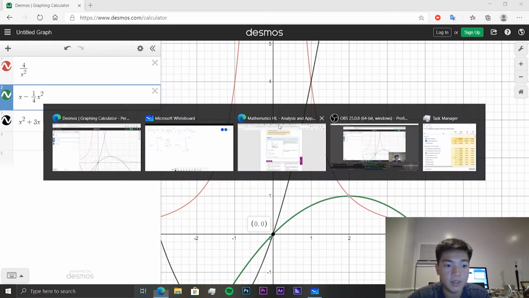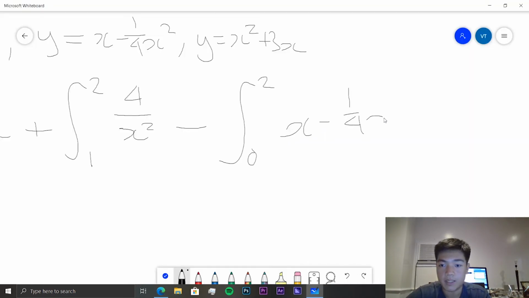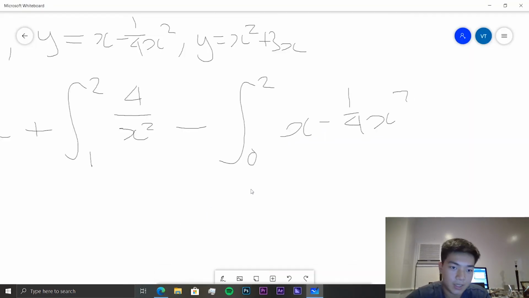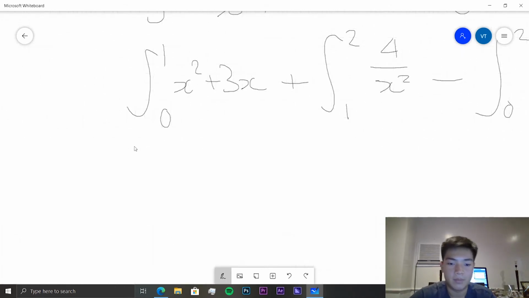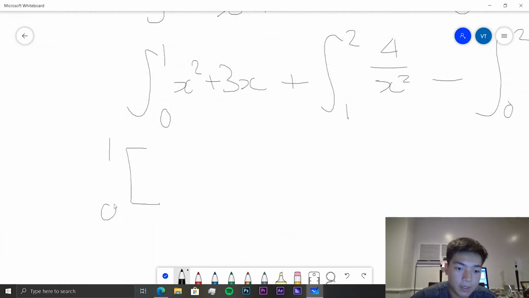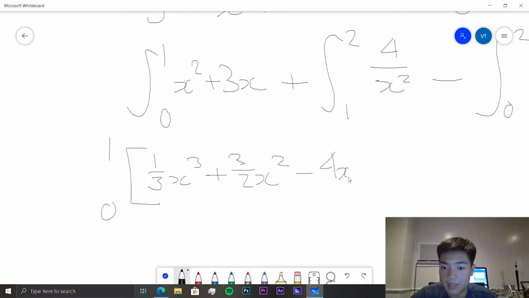The green curve being x minus 1/4 x squared. Of course, all dx, but I'm not going to write that. So we have 1, 0 of, this will be 1/3 x cubed plus 3/2 x squared minus 4x to the negative 1.